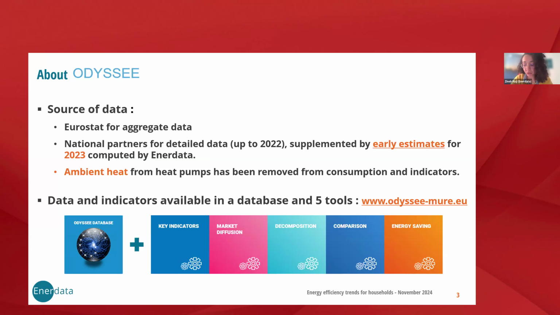The market diffusion tool gives information and indicators about the diffusion of energy efficient technologies and renewable energy technologies in the EU. The decomposition tool analyzes drivers behind energy consumption growth. The comparison tool enables comparison between countries. And lastly, the energy saving tool allows to track progress in energy savings across the EU in different periods of time.